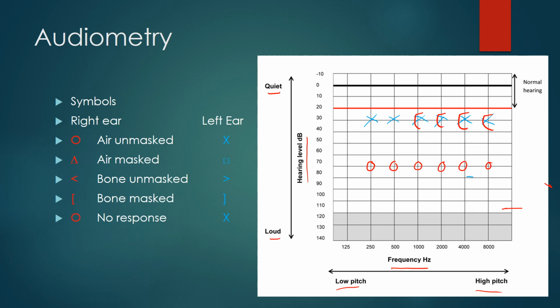Whereas if this were a sensory neural hearing loss, there wouldn't be a difference between what the patient is able to hear and what is picked up on bone conduction, in which case we would see a pattern like this.